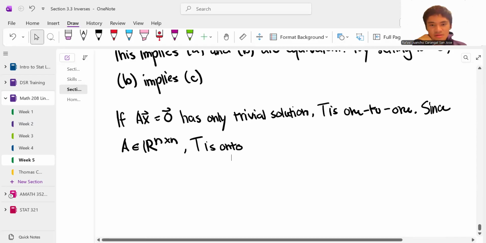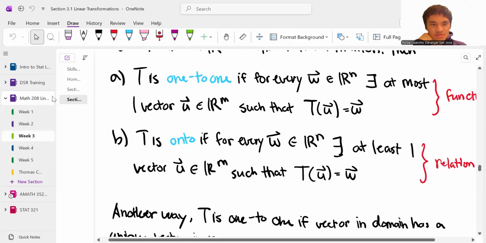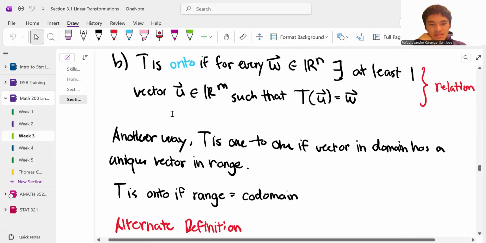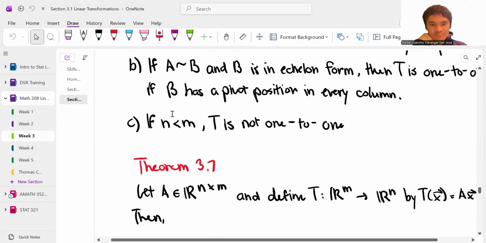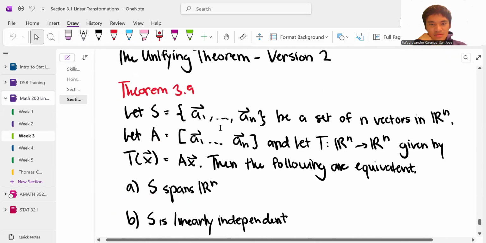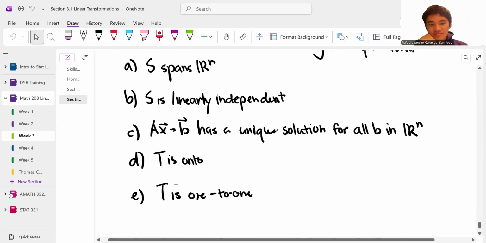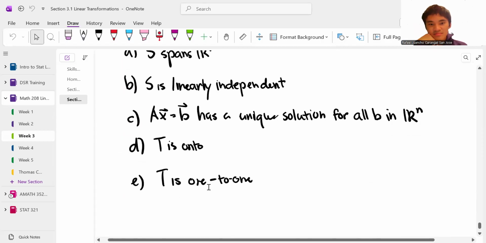Let's check what the theorem is. It says 3.9 from section 3.1. I forgot what that is. Oh, the unifying theorem, because these are all equivalent. Oh, C and D. Interesting.